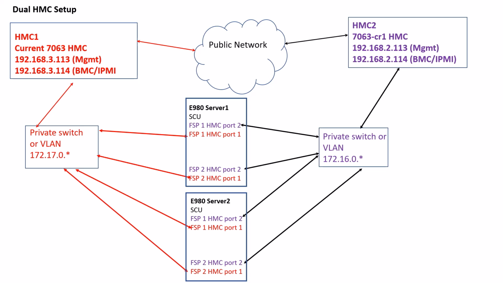And then the other HMC, which is the purple one, is connected to port 2. I like to make sure that when I'm doing redundant HMCs that I use the same eBMC or FSP port for each connection for one HMC, and then the same port, like you see here, port 1 for the red, port 2 for the purple. It just makes things a little simpler and less complicated.